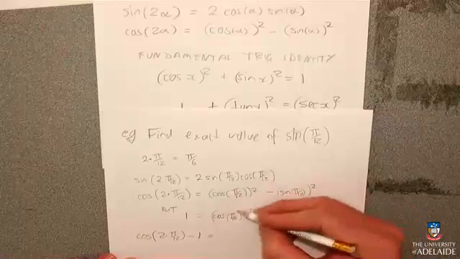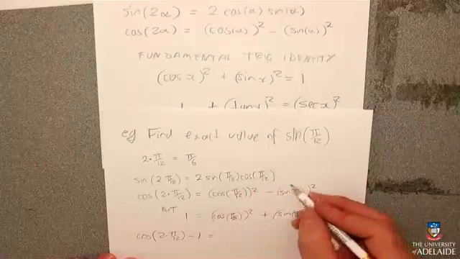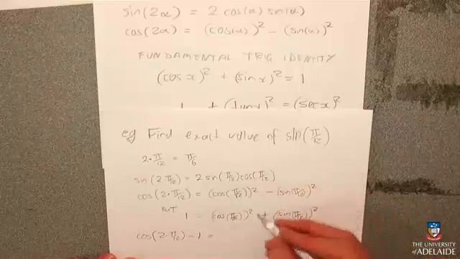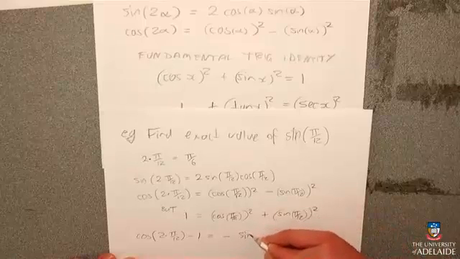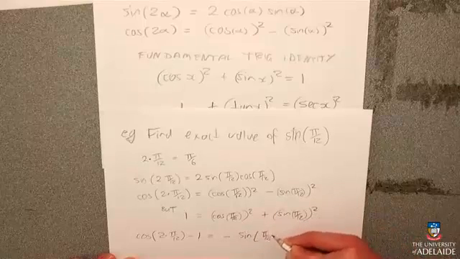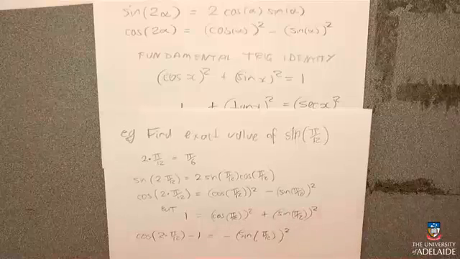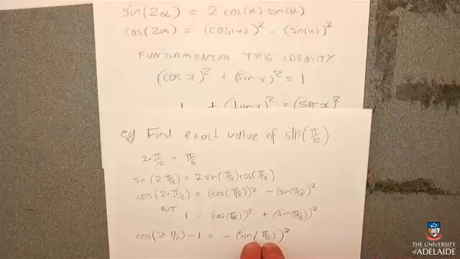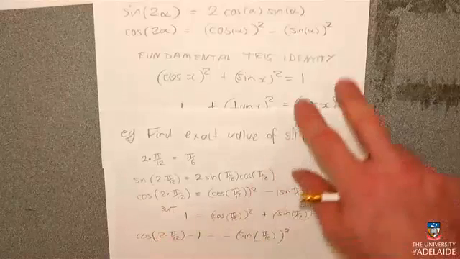Cos squared minus cos squared is 0. Minus sine squared minus another sine squared. That's looking pretty good. I've got sine pi on 12 equals something. And the something has actually a pi on 6, and I know the answer to that.